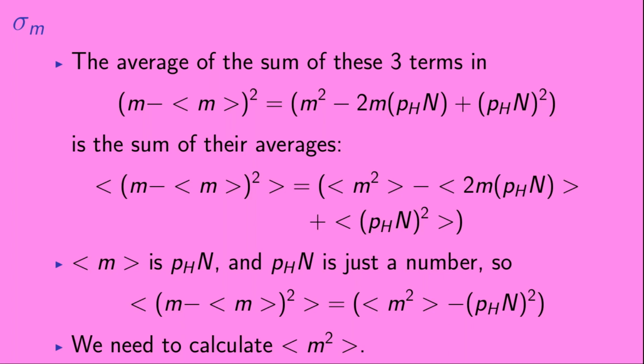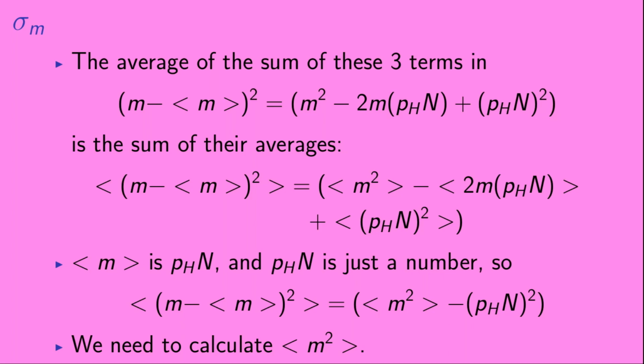Now, the mean value of m is phn, and phn is just a number, so the mean value of the square of m minus the mean value of m is equal to the mean of m squared minus phn squared.